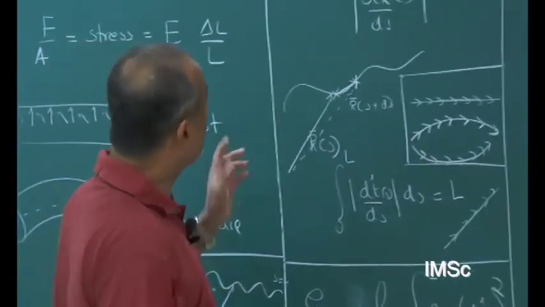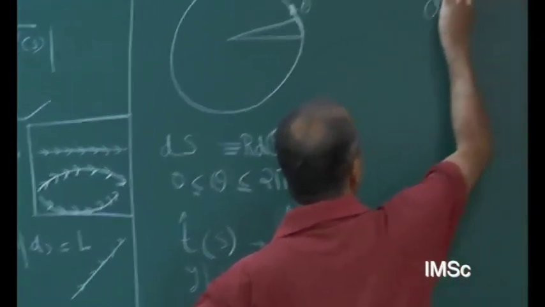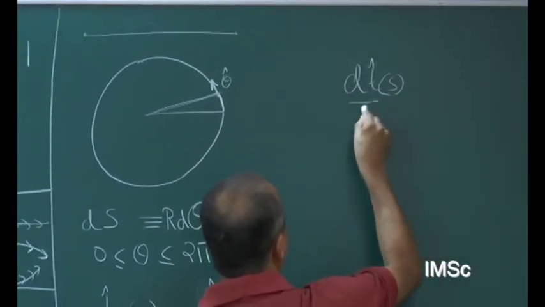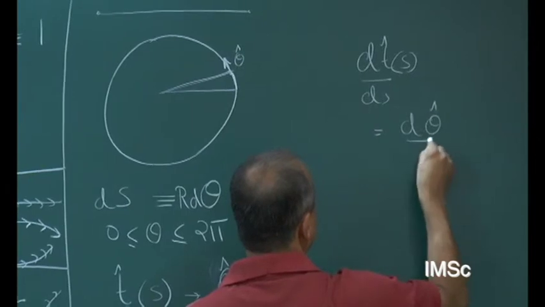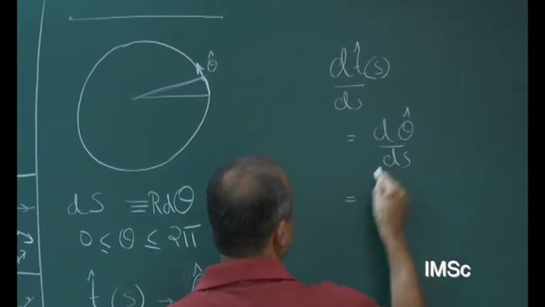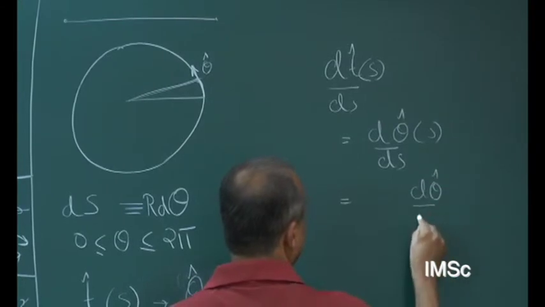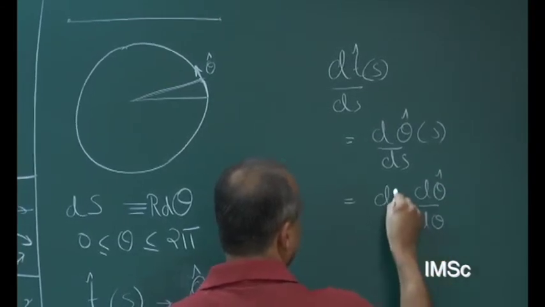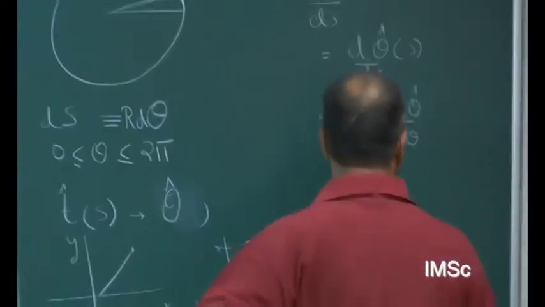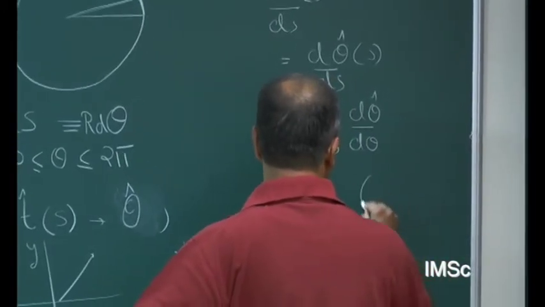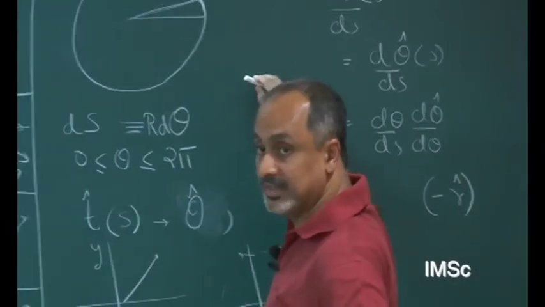So now when I look at d t hat of s by ds, this is the same as d theta hat by ds, which is the same as d theta hat by d theta times d theta by ds, where d theta hat by d theta is the same as minus r hat, and the reason is just geometrical.